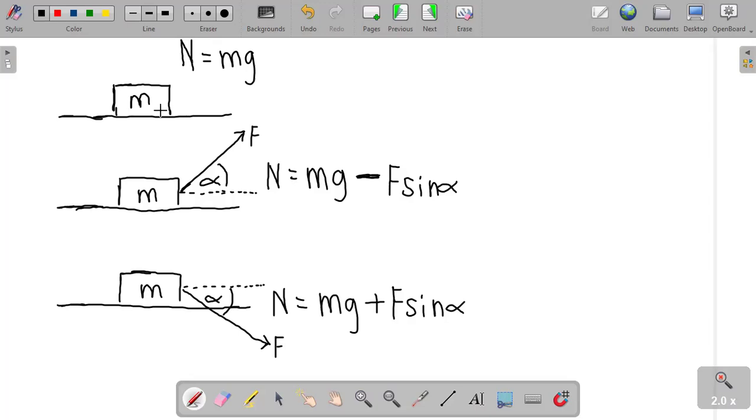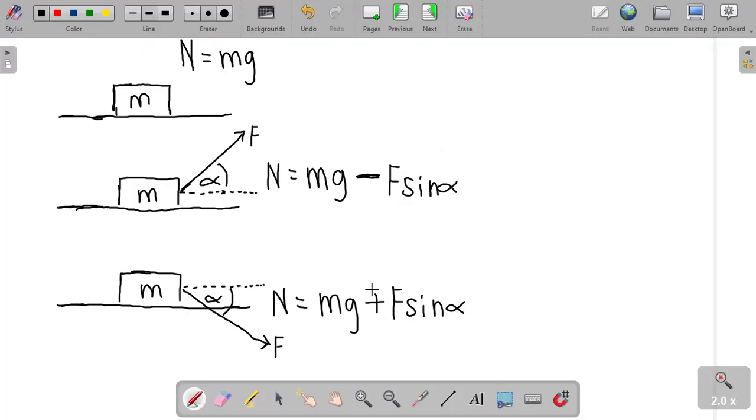If the force is acting diagonally, going up is minus and going down is plus, because we have to subtract the vertical component.